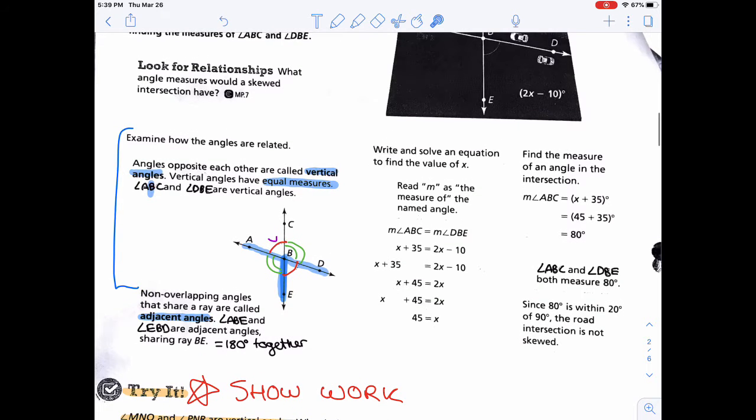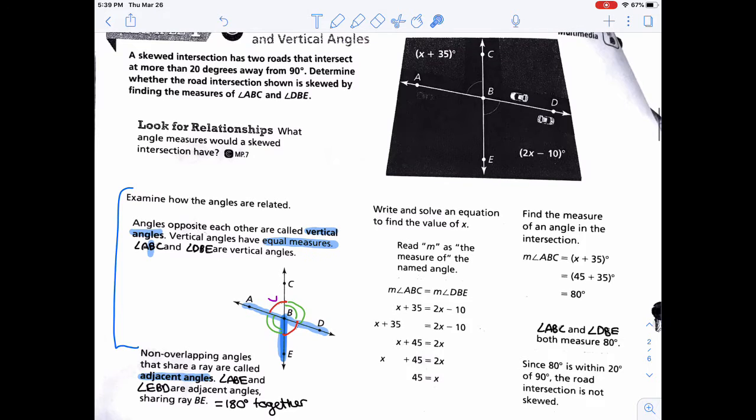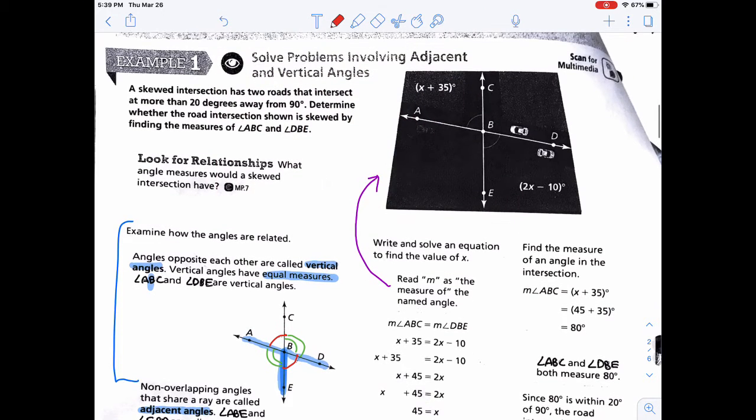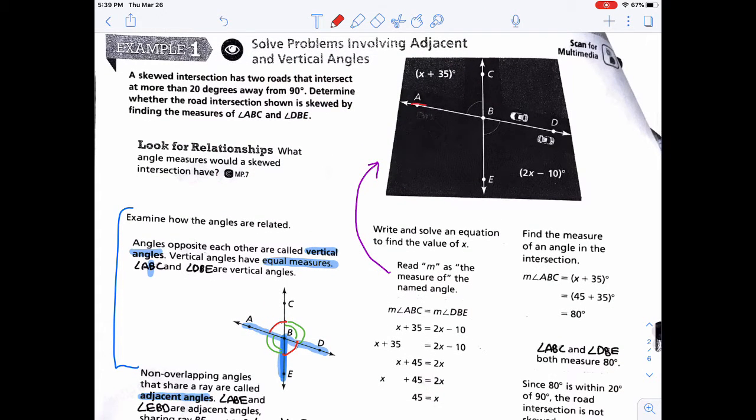So looking over here to the right, we actually have an example worked out for us, okay? We're looking way up here at this picture. We were told that angle ABC and angle EBD, or DBE, you can say it either way, as long as that B is in the middle, are going to be equal.